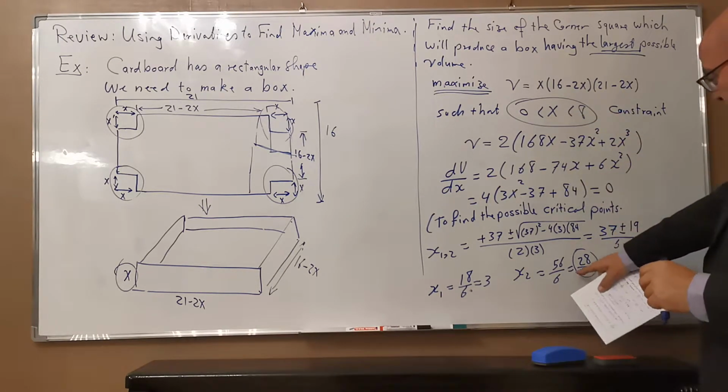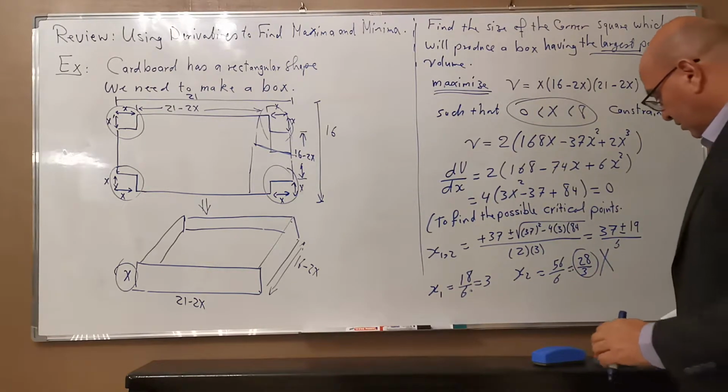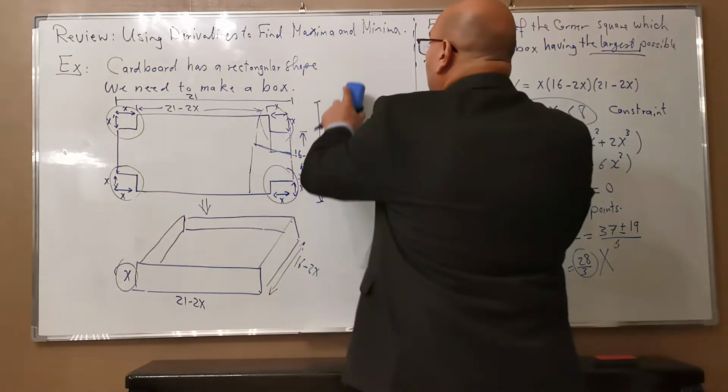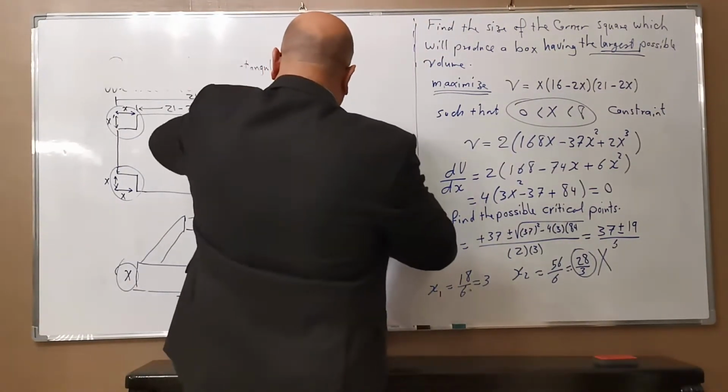So x2 exceeds the constraint, so this one will not count, and we have x1 as our only critical point.